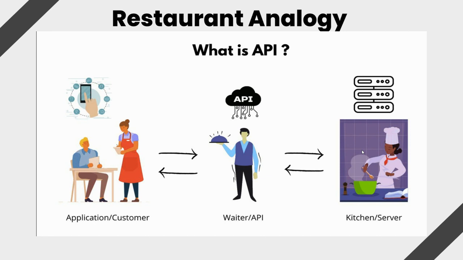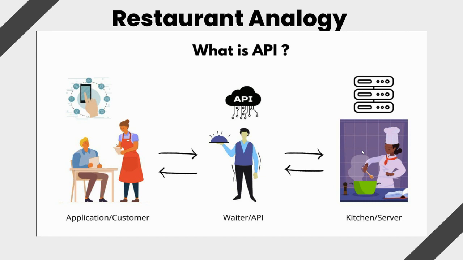The kitchen prepares your food with the exact recipe, exact ingredients, the particular amount of time these ingredients must be put together. All that information, you the customer, you don't even know about it. All you just care about is that you get your food.